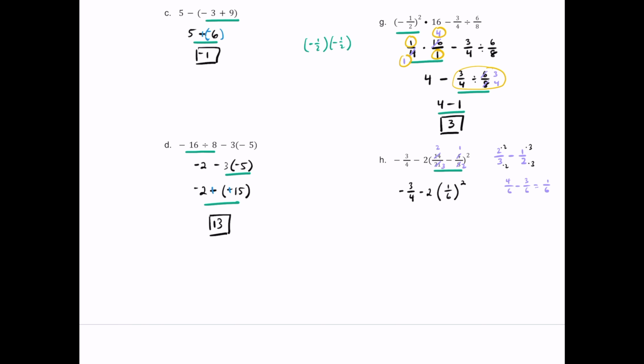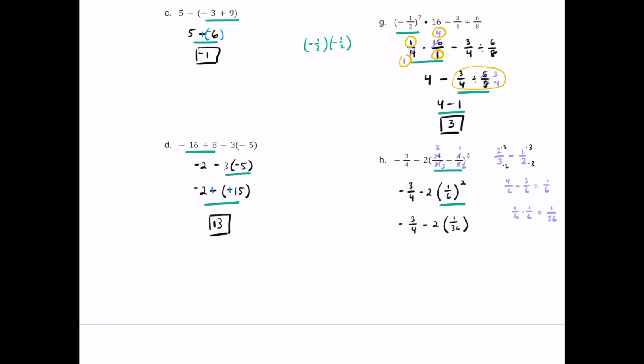Next thing to do will be this exponent here. So that's going to be this 1/6 multiplied by 1/6. That's going to be 1 times 1 on top and 6 times 6 on bottom. So that's going to be negative 3/4 minus 2 times 1 over 36.